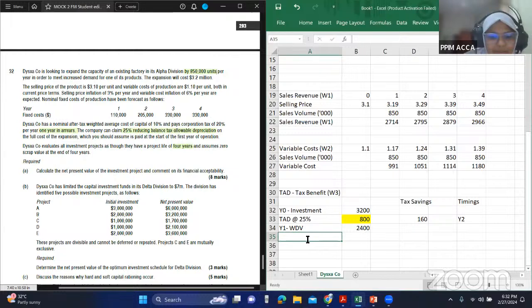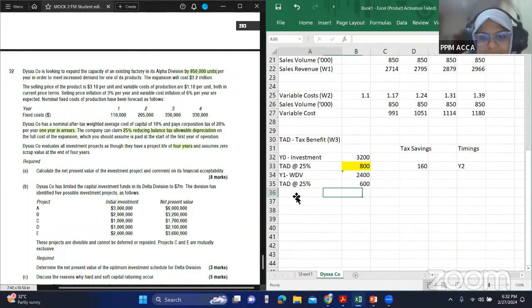Okay. So year 1 written down value is that much. Then again you have the tax allowable depreciation, 25% reducing balance basis. So that's 25% of 2,400, which is 600. Then you will have the year 2 written down value, which is going to be 2,400 minus 600, 1,800.